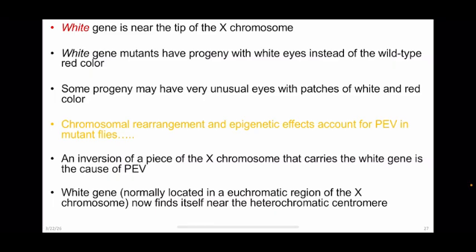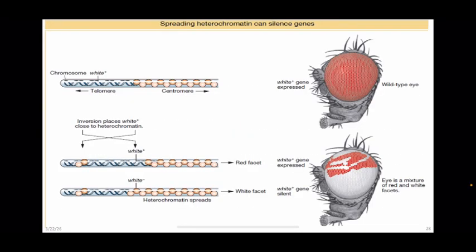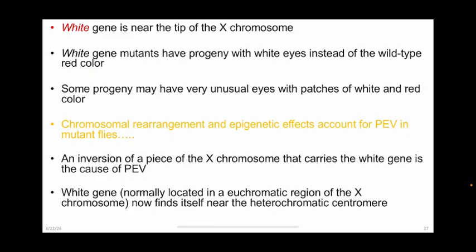This can also cause inactivation of the white gene. Mostly this happens in the mutant flies, and these will cause the white patches, and some may even have dominantly white eyes.